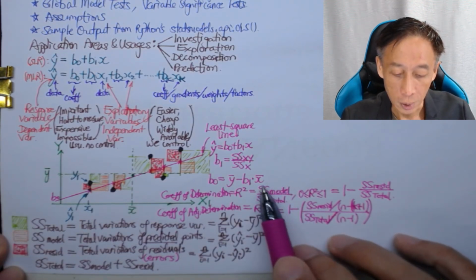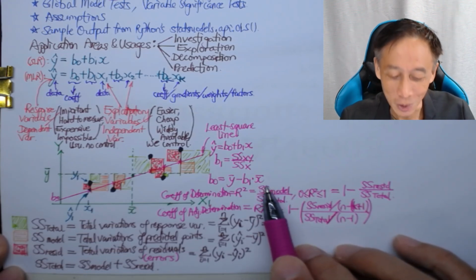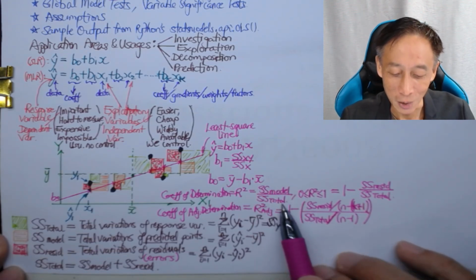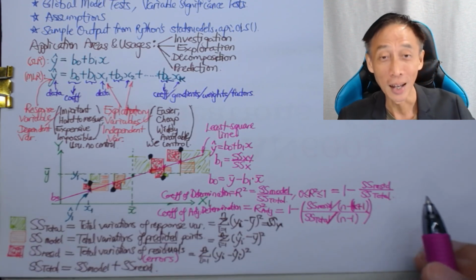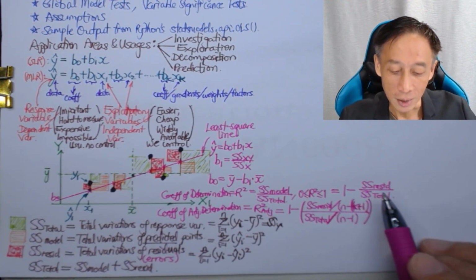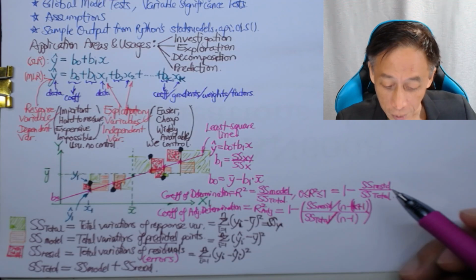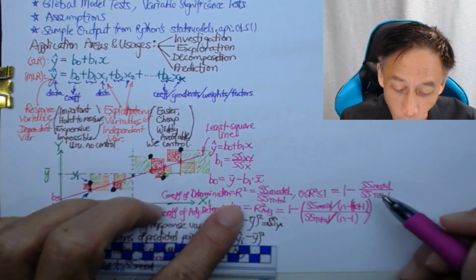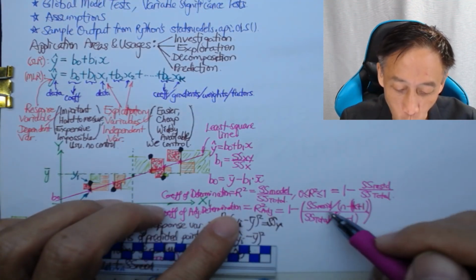So the numerator is SS model, SS total minus the SS residual. So it cancels off and becomes 1 minus this. And then you can say that this is actually R squared; 1 minus R squared is SS residual over SS total.